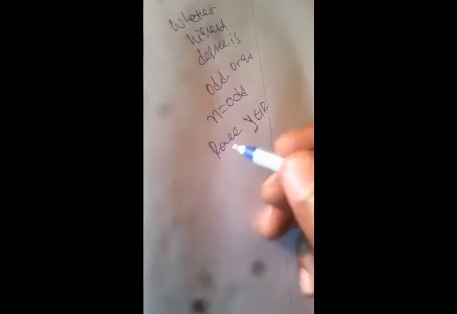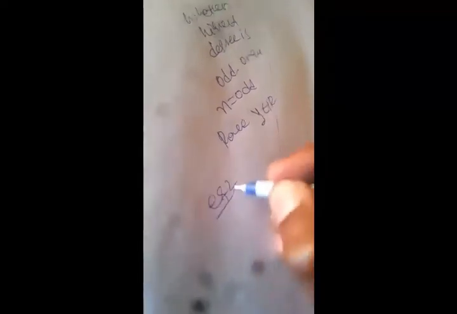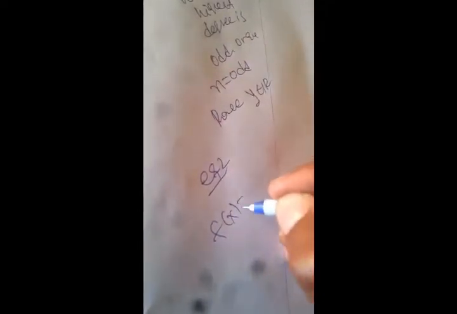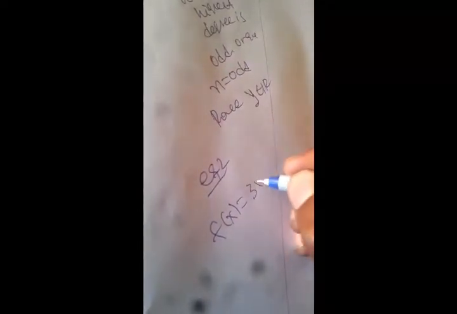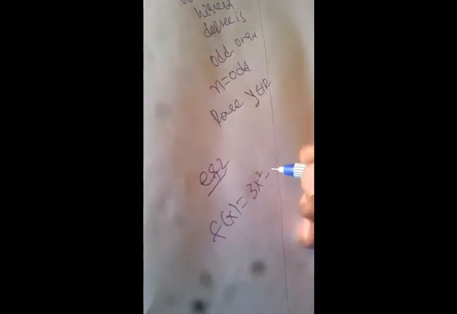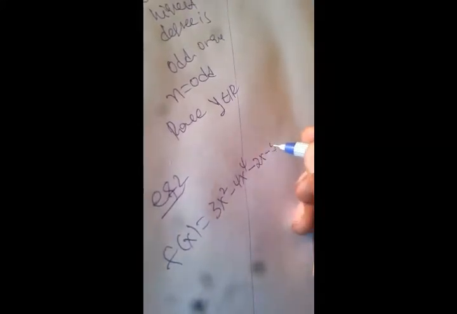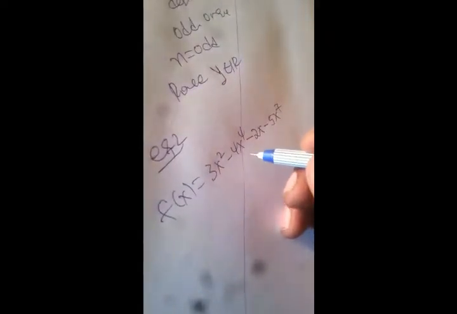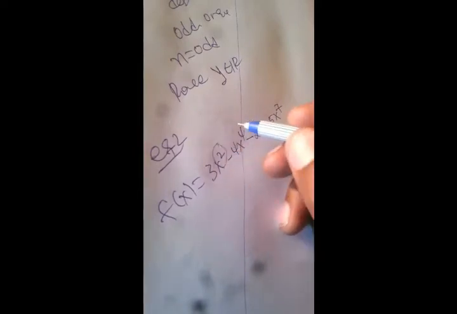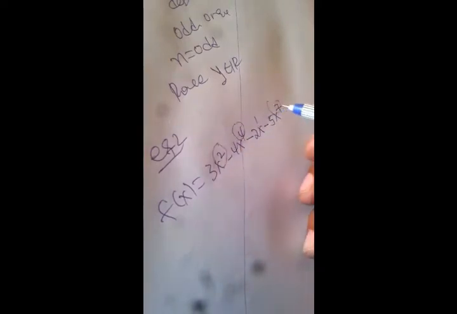We can take the second example. Example 2: f of x is equal to 3x squared minus 4x raised to 4 minus 2x minus 5x raised to 7. When we take this equation, first we have to rearrange. We have to bring the highest degree to the first. From 2, from 4, from 1, from 7, the highest degree is 7.